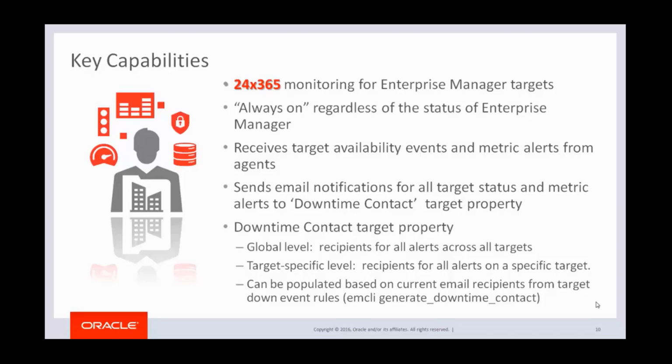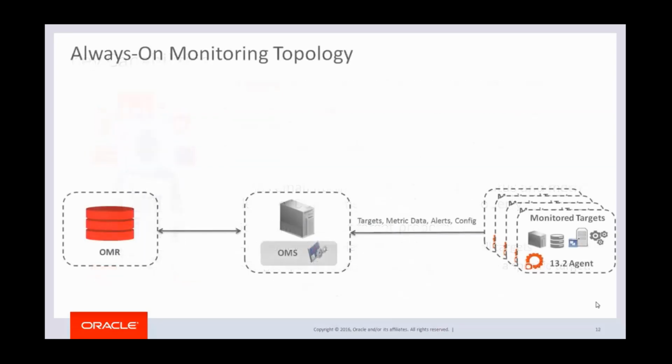This can be configured at the global level, which includes everyone, or at the target-specific level that only contains users who are interested in monitoring a specific target. There is also an API that generates a list of downtime contacts for that target.